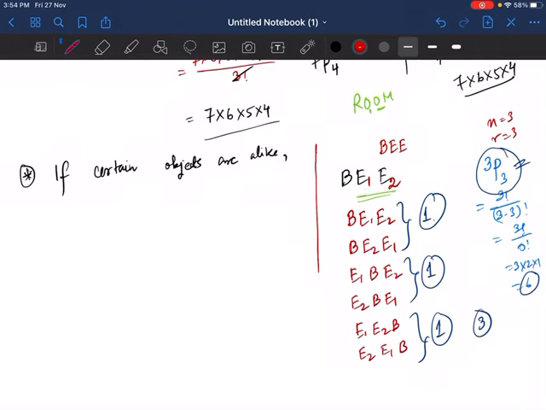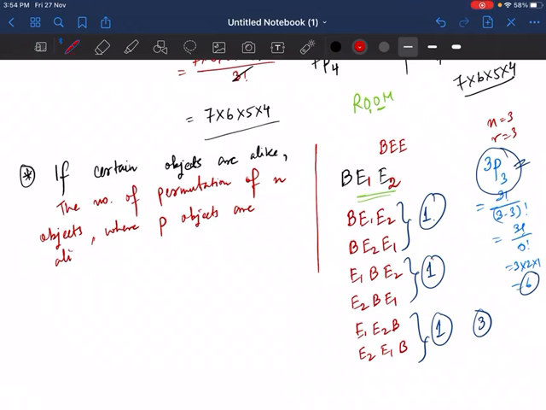The number of permutations of n objects where p objects are alike and the rest are different is given by n factorial divided by p factorial.